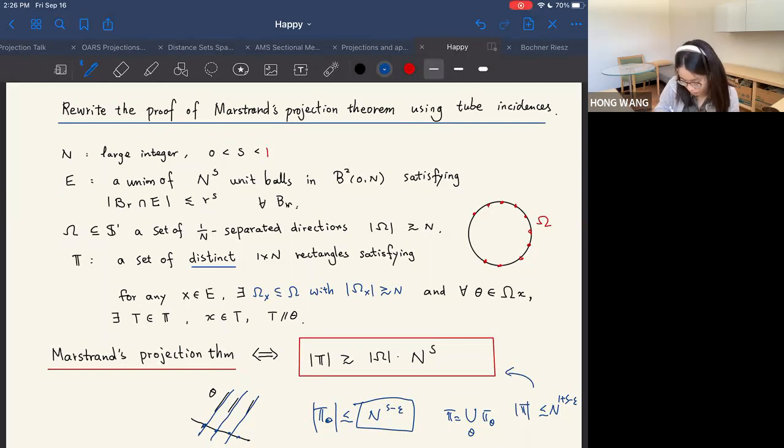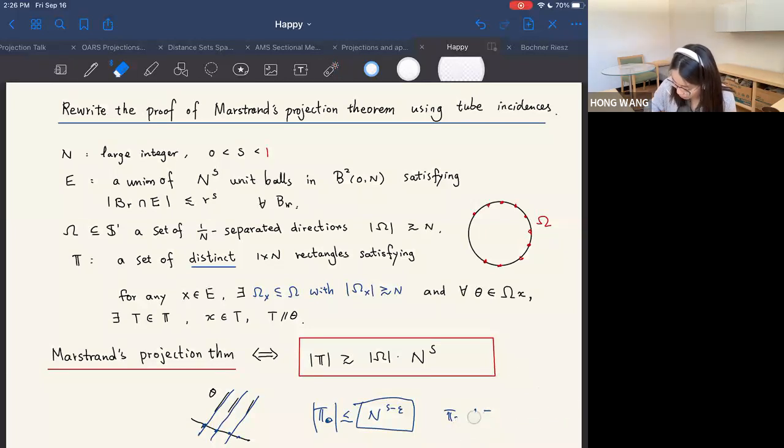So we prove it by contradiction: suppose that this is not true, then this bound should not hold. What we were just saying is that the right-hand side implies the left-hand side, and the converse is also true if we just reverse our reasoning. So are there any questions about the setting?